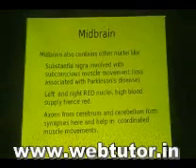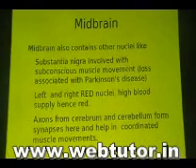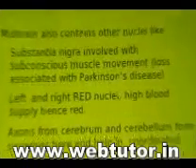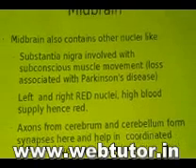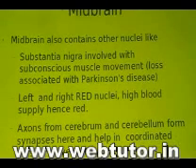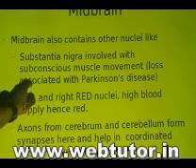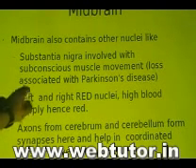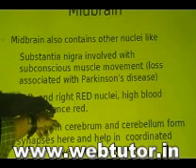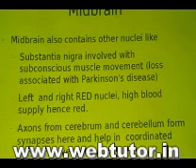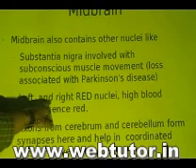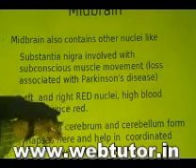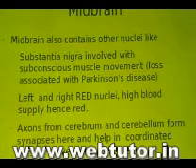The midbrain also contains other nuclei like the substantia nigra. We spoke about substantia nigra. It is involved with subconscious movement or muscle movement. Damage to it causes Parkinson disease. Then there are your left and right red nuclei. They are red in color because they have high blood supply.